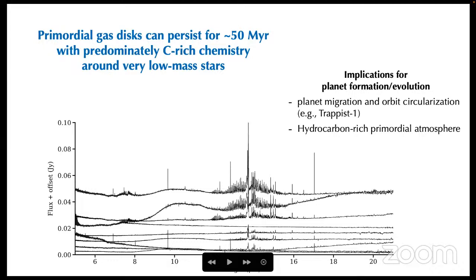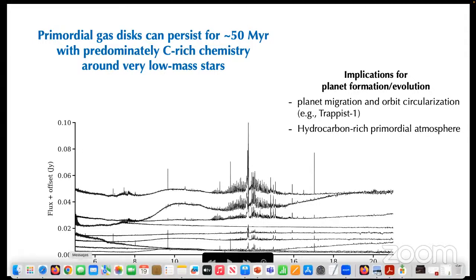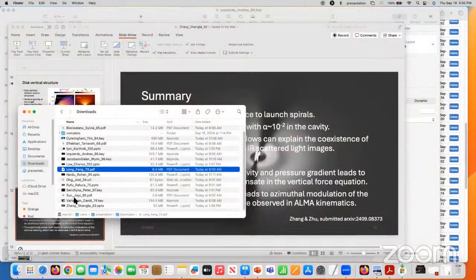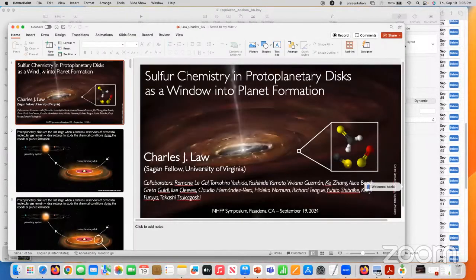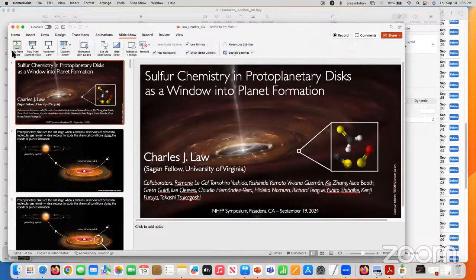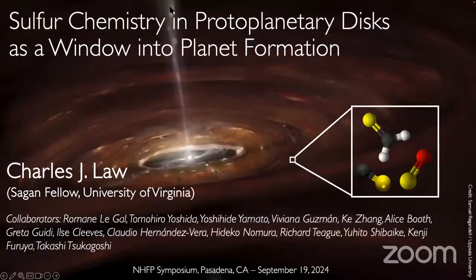How do you reconcile this with the M-star survey and detecting water in the inner parts of some of these disks? Is it because the host star is different? Is it an age thing? How do you reconcile those? Yeah, so he's asking, there are some disks that have water detections. Definitely. For most M-star disks, we don't have much water.